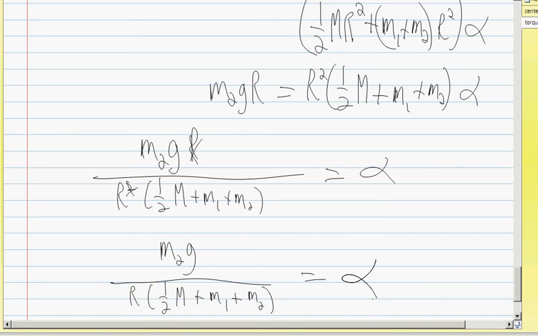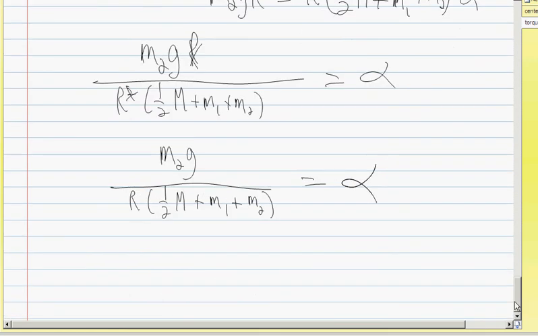Let's decide how we feel about that. Let's say that the pulley's mass equals 0. So that would just go away, and we would have M2 over M1 plus M2 times R, which would actually be pretty reasonable for alpha. That's good. The idea is that by using what we know about forces and what we know about torques, we can put them together to figure stuff out. That's a pretty good example. I think that's it, and I'm out.